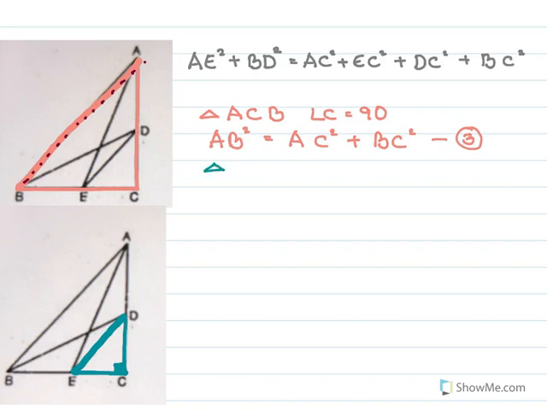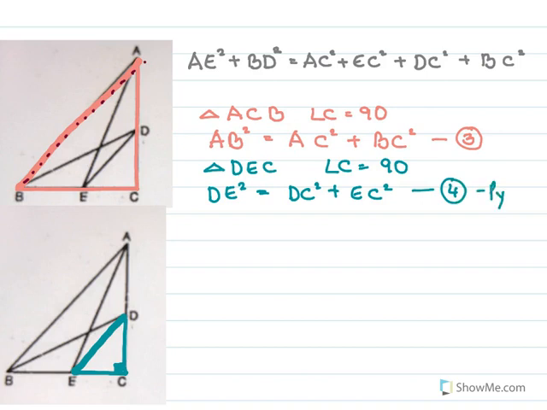So in triangle DEC, again angle C is 90. So DE square equal to DC square plus EC square. This is equation 4. All by Pythagoras theorem. These two by Pythagoras theorem.